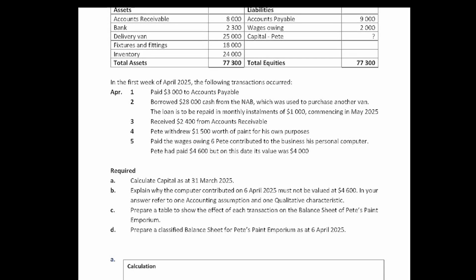So what is 4,600? At which price do we have to value it? Sorry my bad, there's another typo, it should be 6th.